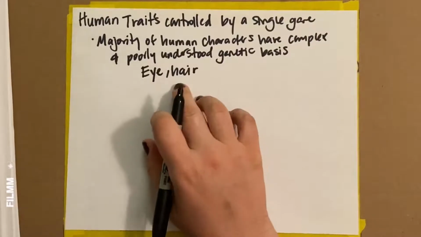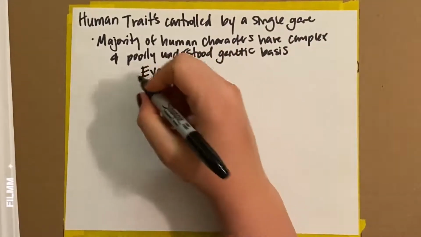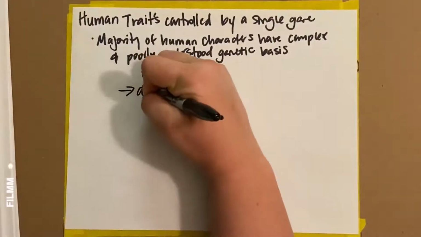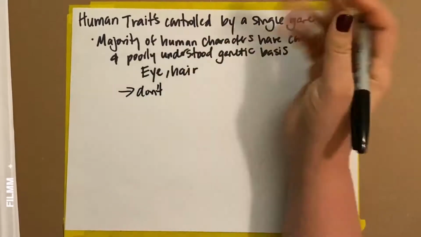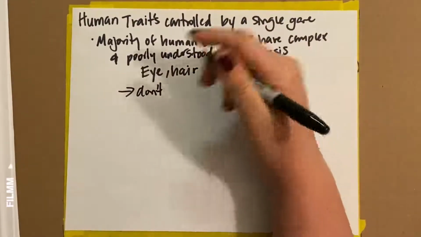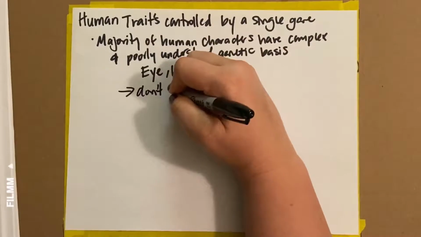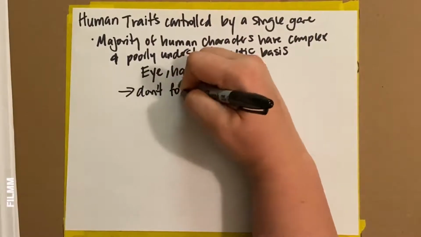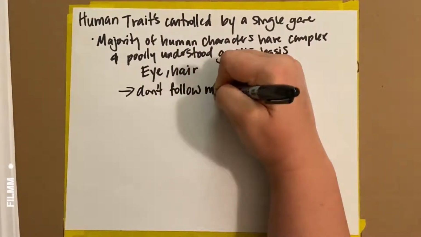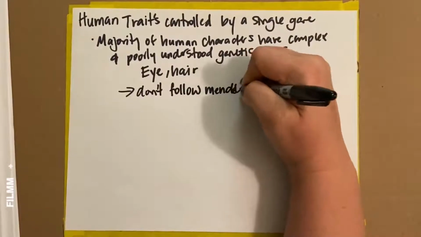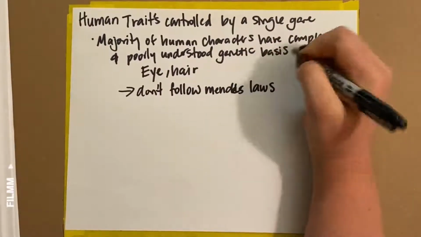And when they're very complex and poorly understood, those ones usually do not follow Mendel's laws that we saw. So the law of independent assortment and law of segregation are not going to work. Okay, so they don't follow Mendel's laws.